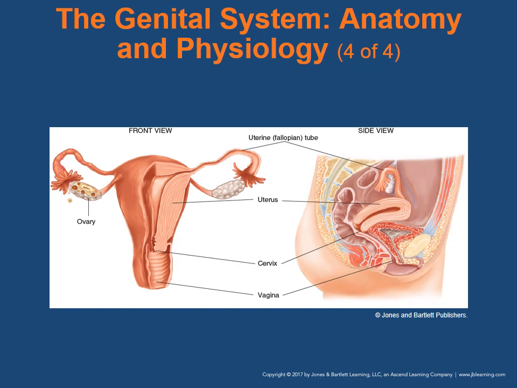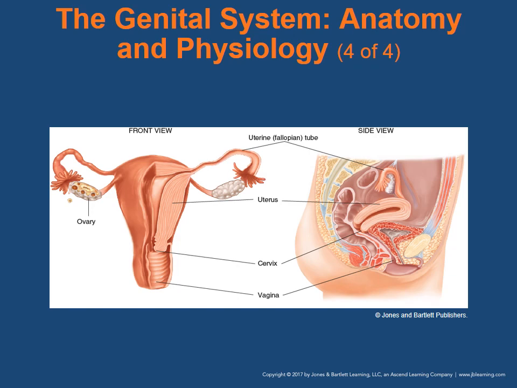An ectopic pregnancy, essentially by definition, means an egg was fertilized anywhere other than the uterus, right, and is developing. But the part that concerns us the most is when it happens in the fallopian tubes. So the ovary produces an egg, an ovum, and these finger-like projections take it up here.